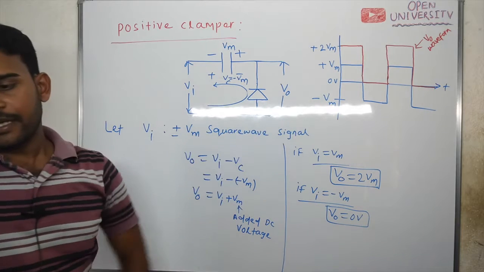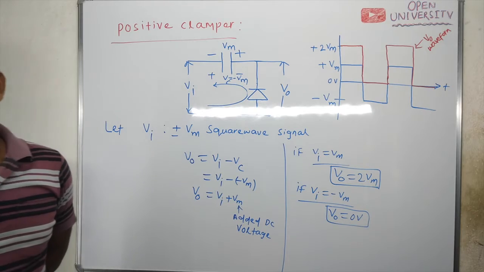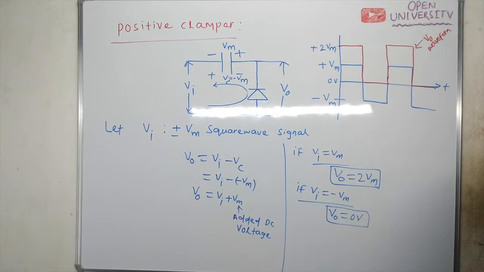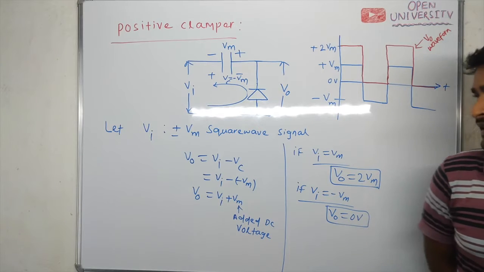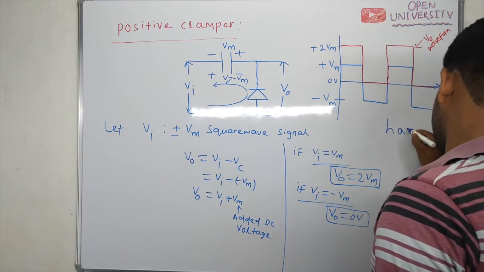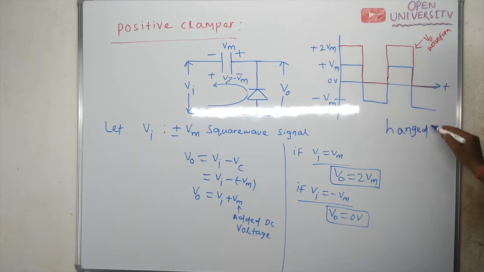Negative clamper clamps, or in bracket hangs. Negative clamper clamps or hangs.